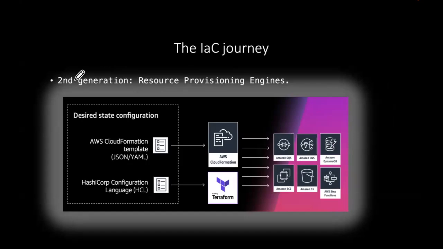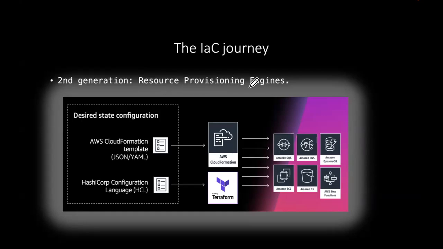Now, the next thing, the second generation of this infrastructure as code idea comes in the form of what are called resource provisioning engines. So these resource provisioning engines were a response by the cloud providers, e.g. AWS, to address the problems that I was mentioning on the previous slide.